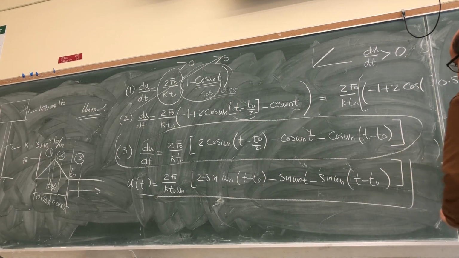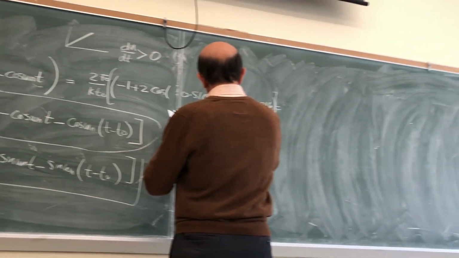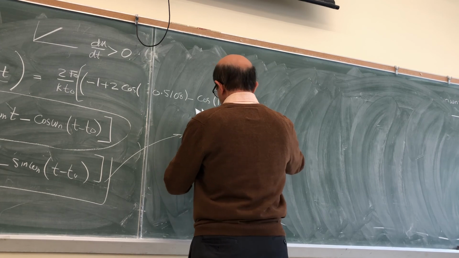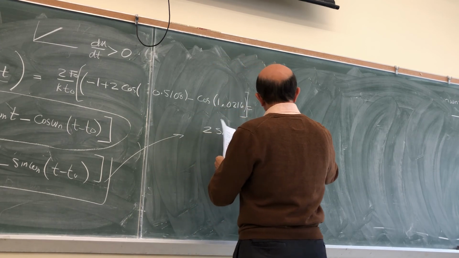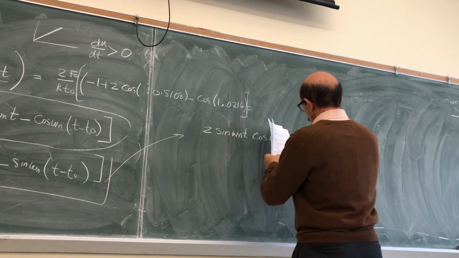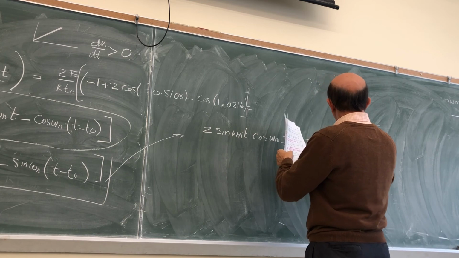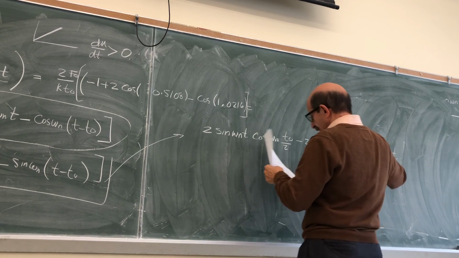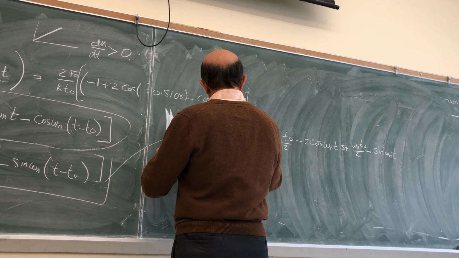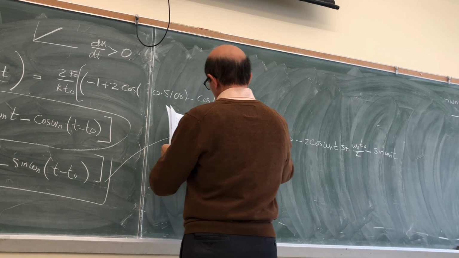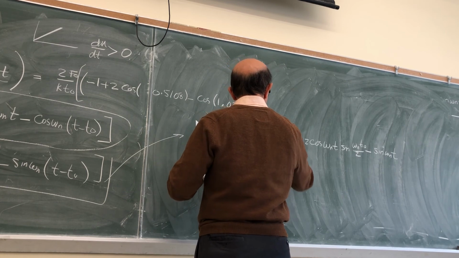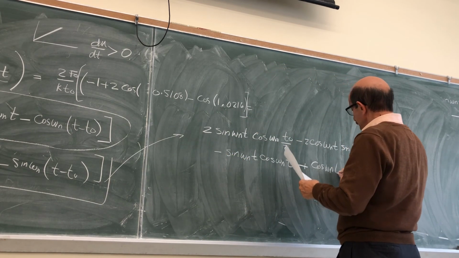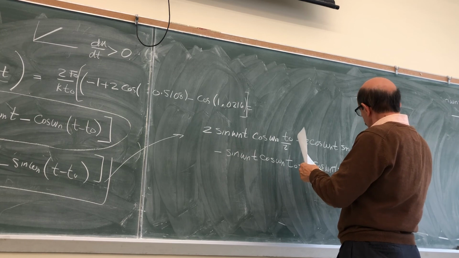If you expand that, what you get is 2 sine omega n t cosine omega n t0 over 2 minus 2 cosine omega n t sine omega n t0 over 2 minus sine omega n t cosine omega n t0 plus cosine omega n t sine omega n t0.